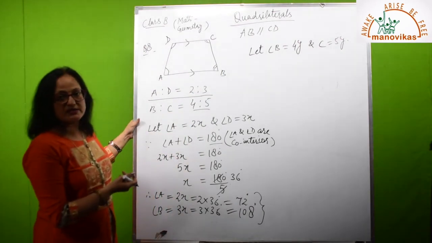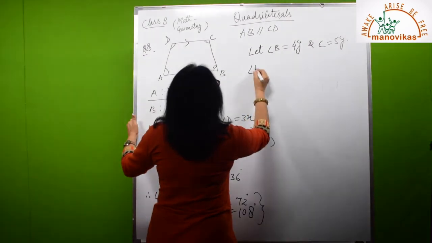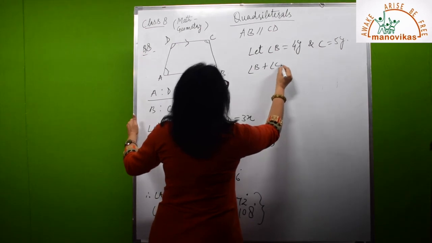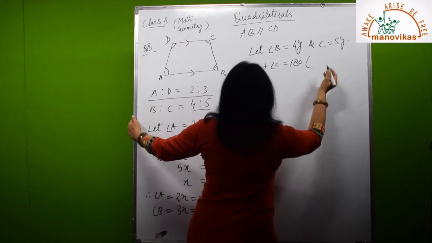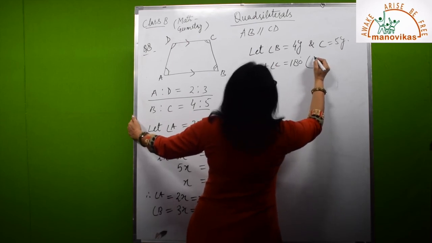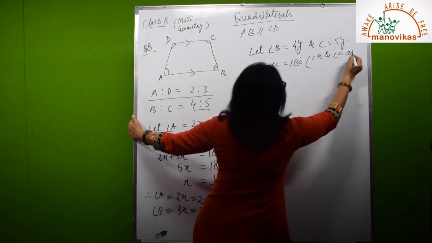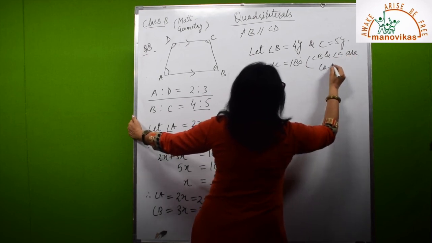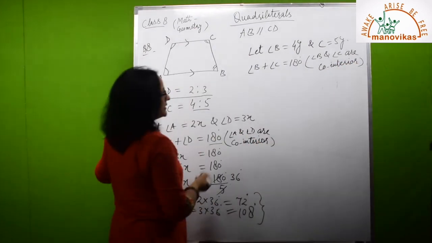That means their sum is equal to 180 degrees. So use the result: angle B plus angle C is equal to 180 degrees. And here mention the reason: angle B and angle C are co-interior angles, so their sum is equal to 180.